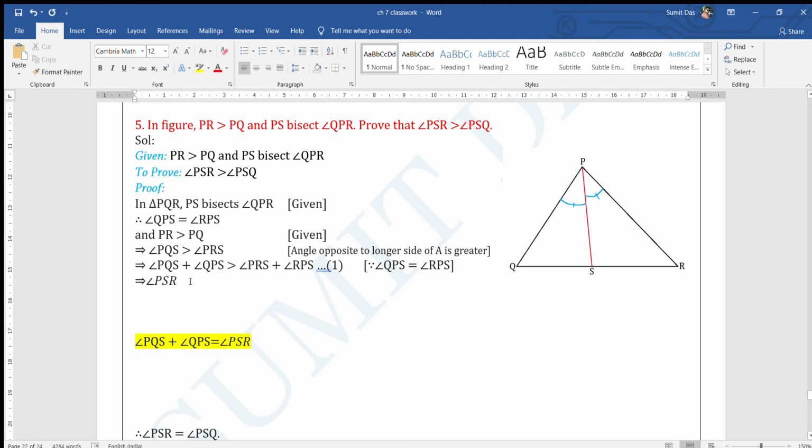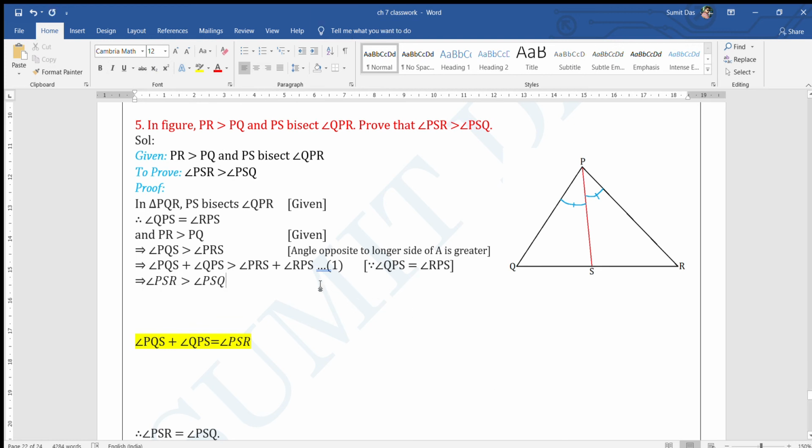Similarly, on the right hand side, PRS this angle and RPS this angle, the sum of these two angles will be equal to angle PSQ.